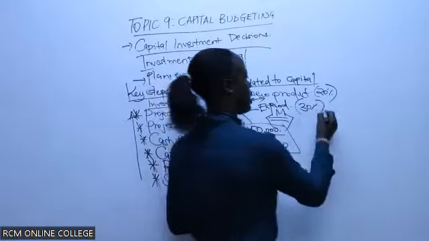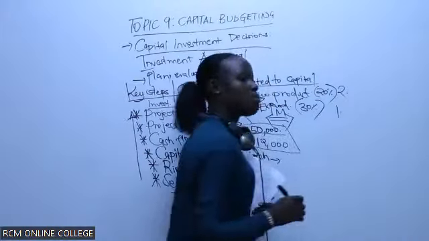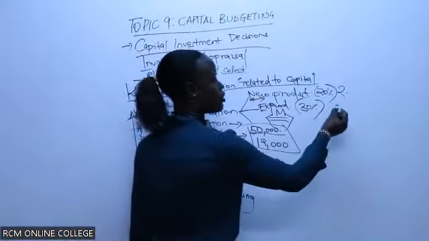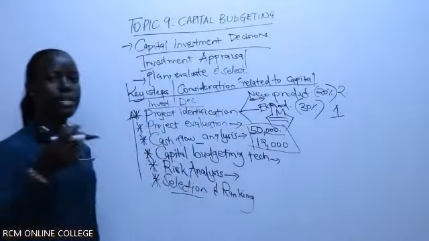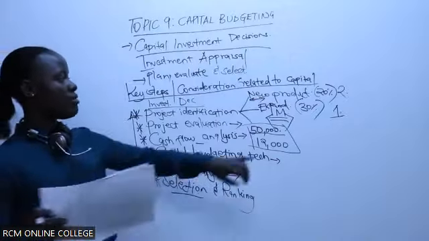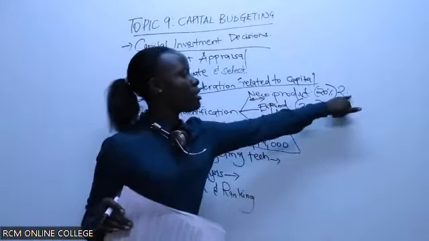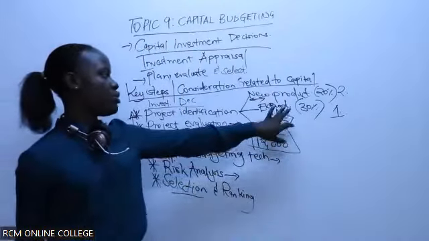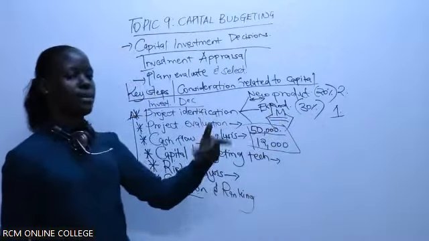This will be my first priority, then the new product will be my second priority. Once you've ranked, you go with the first, the most viable project, which is expanding my organization. We've identified the ranks, and now we do a selection of the most viable, which is the first one. We will choose expanding our organization.